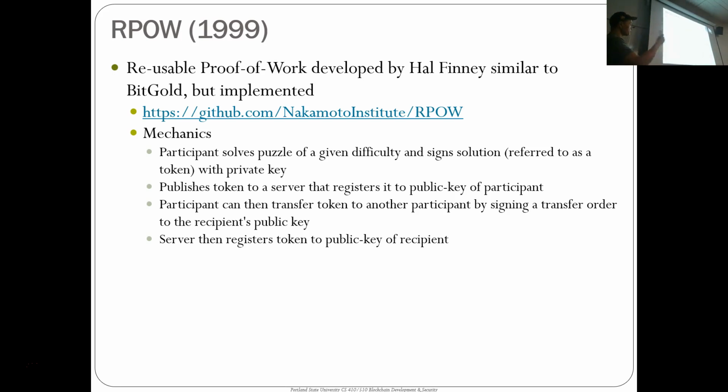It takes it away from me and then registers that token now to the public key of the recipient. So this is where you're getting your transfer of currency from one person to the next. And this is basically a trusted third party that prevents double spending. So now that I've accepted this transfer, you're not allowed to send me another one that says transfer that token to someone else. So that's how RPow works.